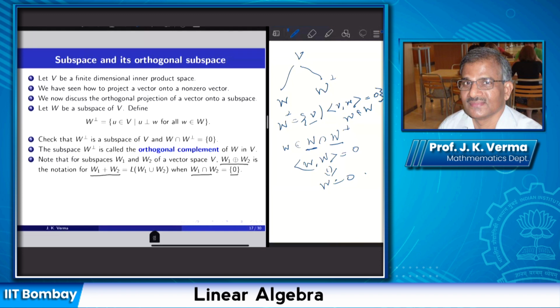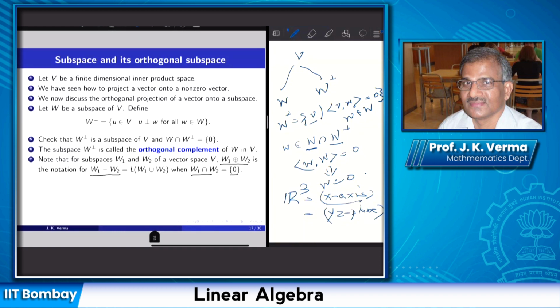So whenever two subspaces intersect only in the 0 vector, and the linear span of vectors in these two subspaces is the whole space, then we say that the whole space is the direct sum of W1 and W2. For example, R3 is the direct sum of the x-axis and the yz plane.